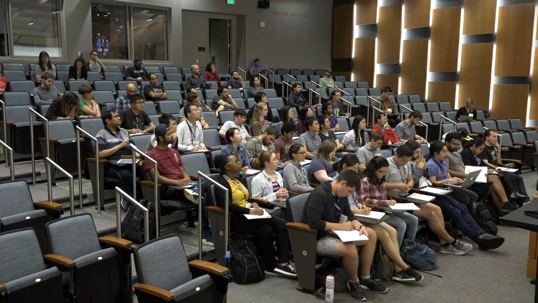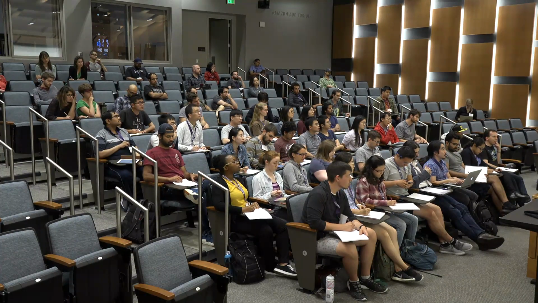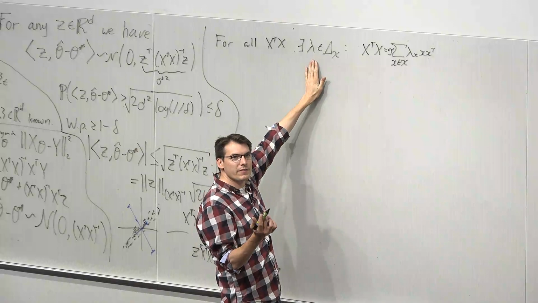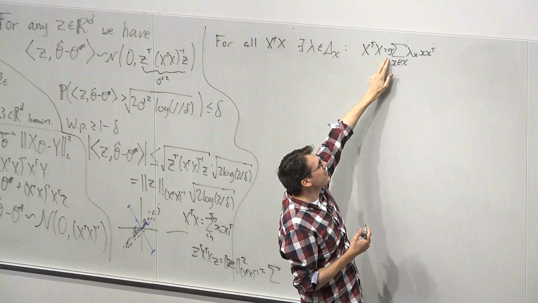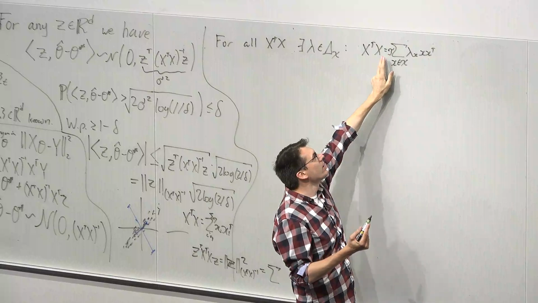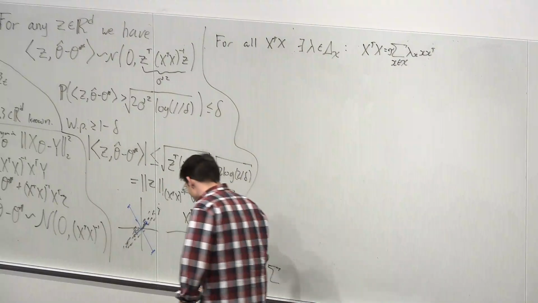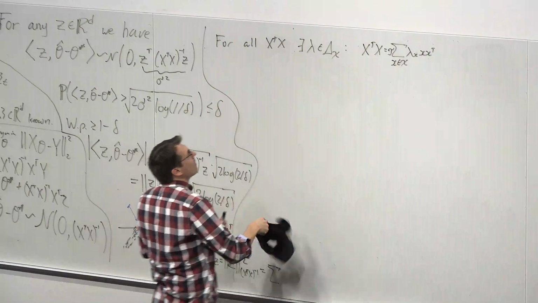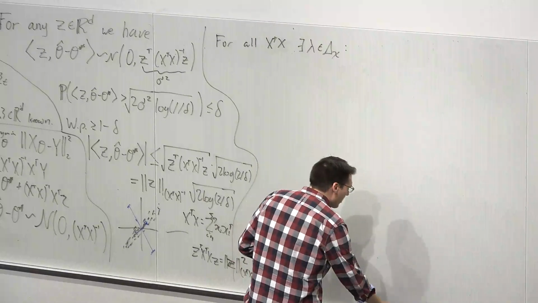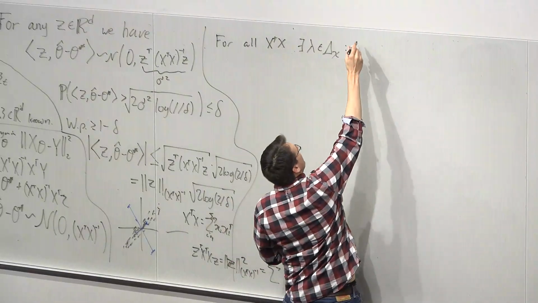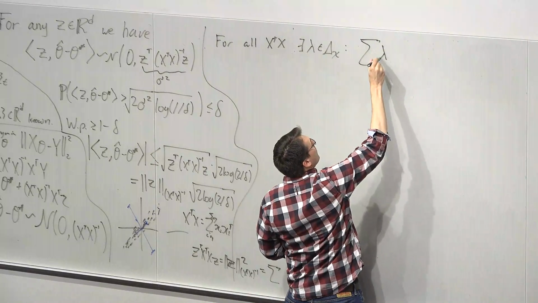So all I'm saying is that for all choices of x I could make, there exists some probability vector on the simplex such that x transpose x equals tau, the total number of measurements, times the sum over all lambda x x x transpose, where lambda x is just the number of times x appeared in big X divided by tau.